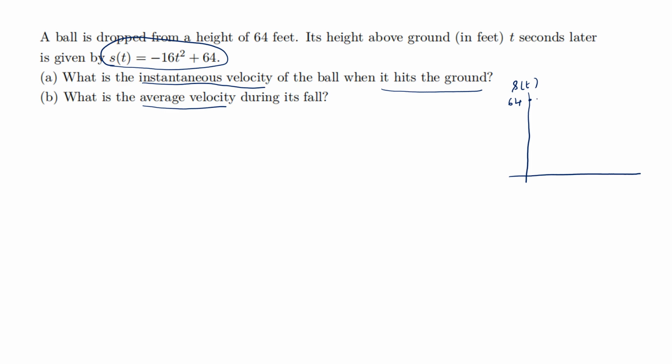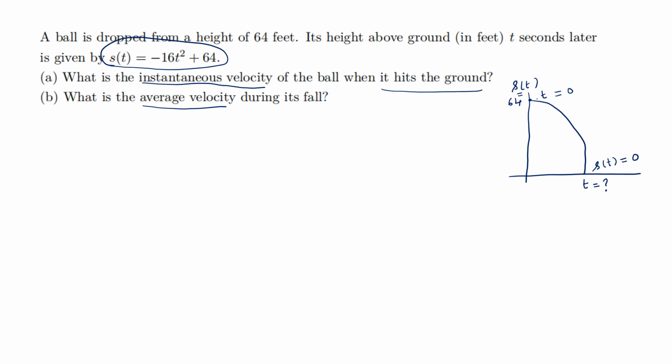What is the time here? t equal to 0, s of t equal to 64. So from this height, we are dropping the ball. It reaches the ground like this. And here, what the time is, we don't know. We have to identify it. But what is the s of t value, the height of the ball? It is equal to 0.